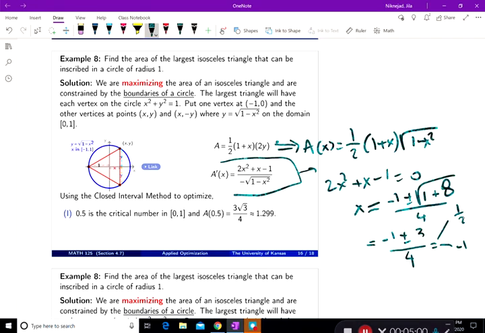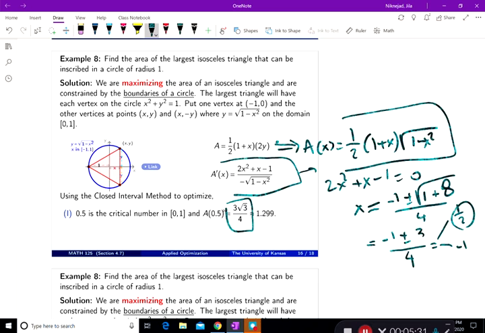Using 1/2 we can figure out what value for y we get, and we can find the value for area. Plugging it back into the area function for 1/2, we end up with 3 square root of 3 over 4.